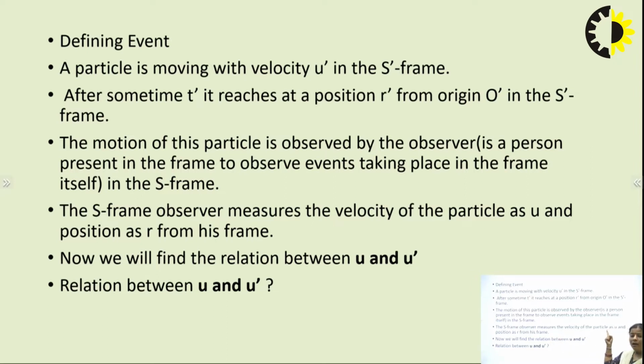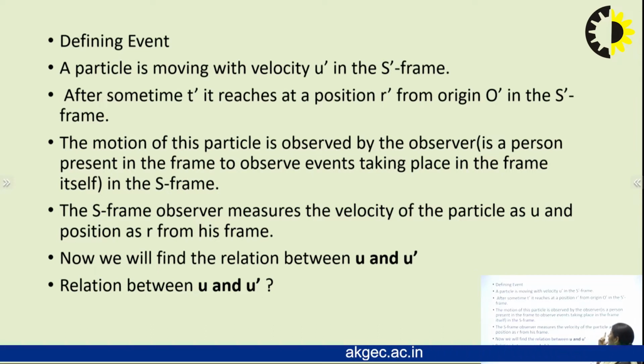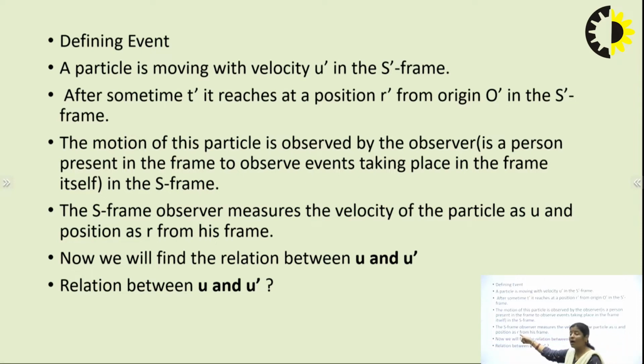It is very essential to point out that we cannot take u dash here. The S frame coordinates cannot be written in dash terms. They are not having any coordinate of dash, or prime. And he is saying that the particle is at position R in place of R dash. So, this much information this S frame observer is able to make.